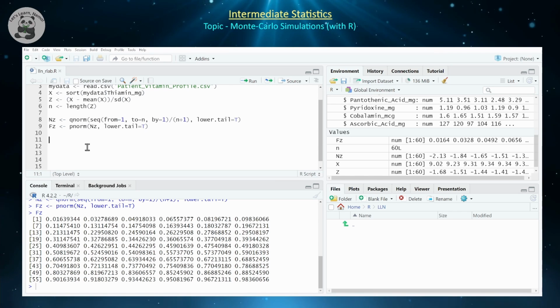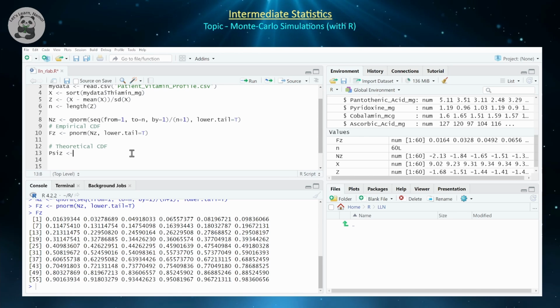Now let us calculate the probabilities associated to our actual data set. This is going to be our empirical cumulative density function, which is going to be denoted by Fz. And then we're going to have our theoretical CDF of what they actually are associated to, which I'm going to represent by psi z.